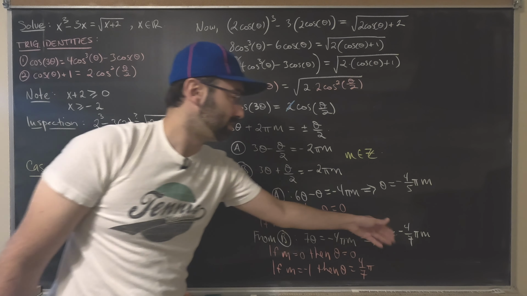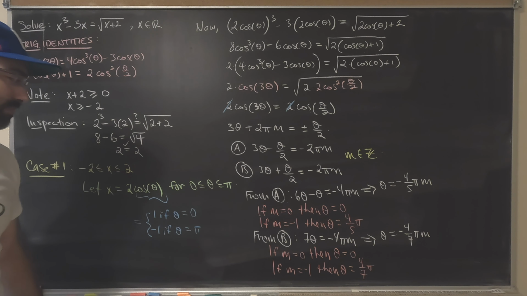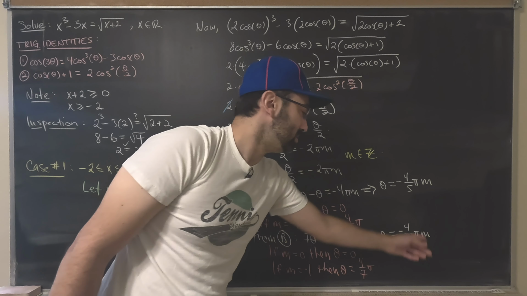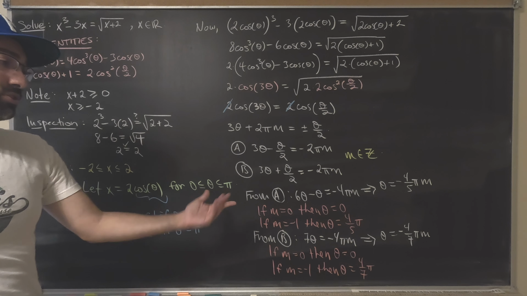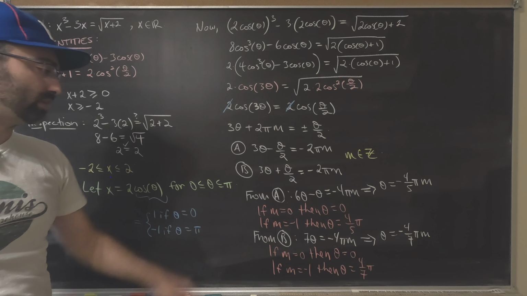And then if m is even more negative, we'll step further and further away from pi, so we fall outside this interval. And if m is any positive integer, then theta is just some negative quantity, and that falls outside this range again.